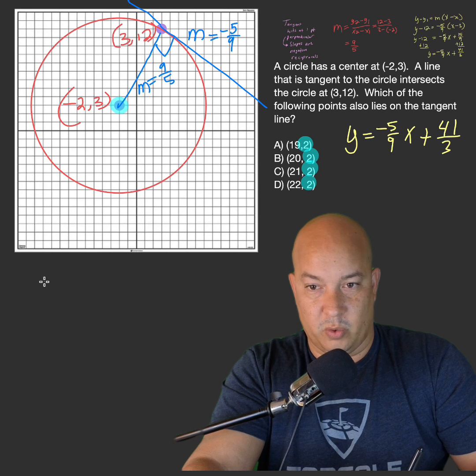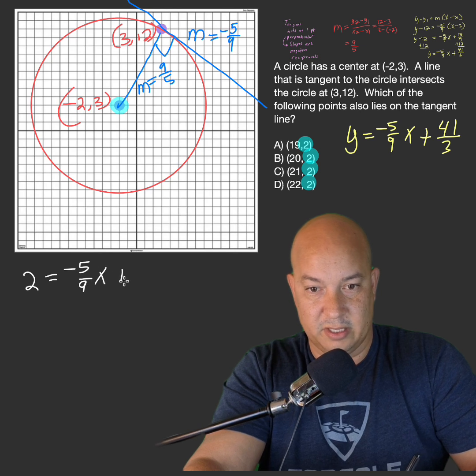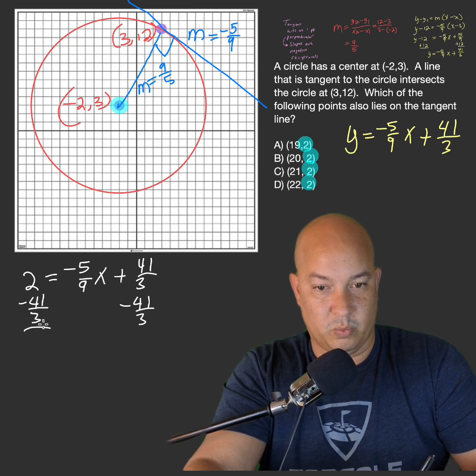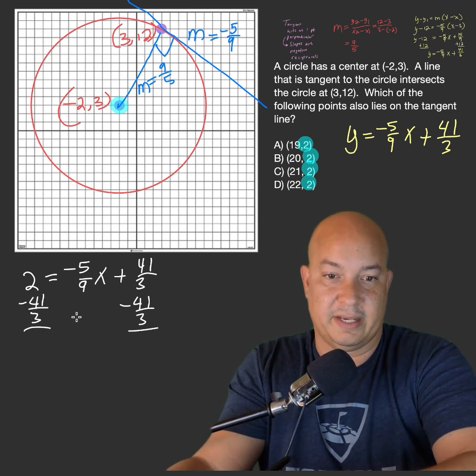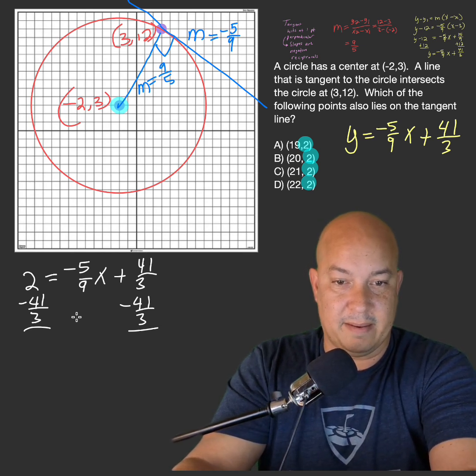So y equals 2, so we'll have 2 equals -5/9x plus 41/3. Then we can take away 41/3 from both sides. Once again, we'll take advantage of our calculator to find out what's 2 minus 41/3 and to get that back as a fraction.